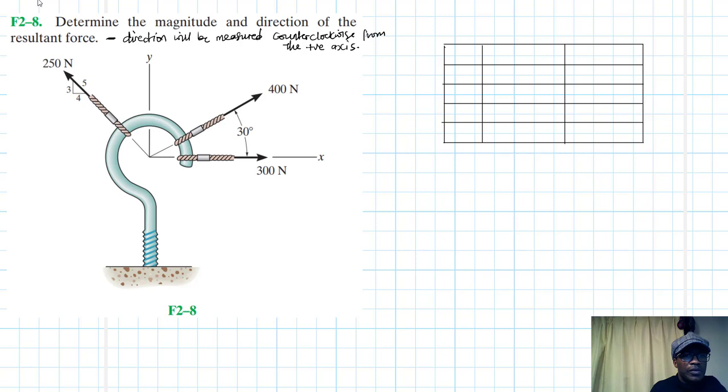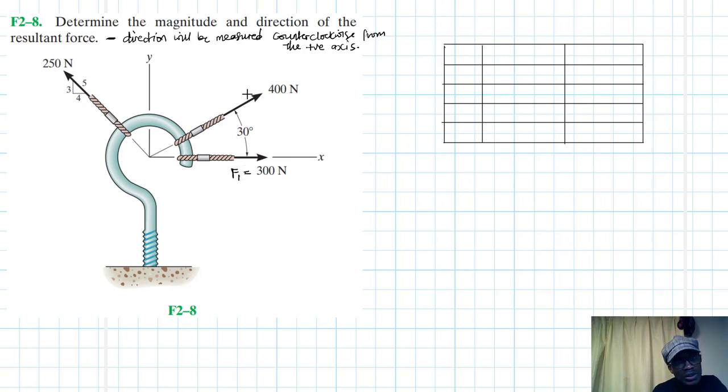Okay, great. So first things first, of course you can solve this using the parallelogram, or we can go with this other method where we resolve it just into components. So let's draw the components for each one. First and foremost, let's assign these forces.